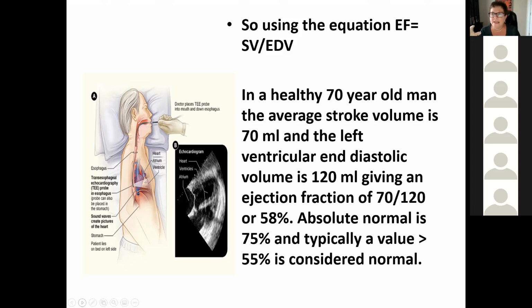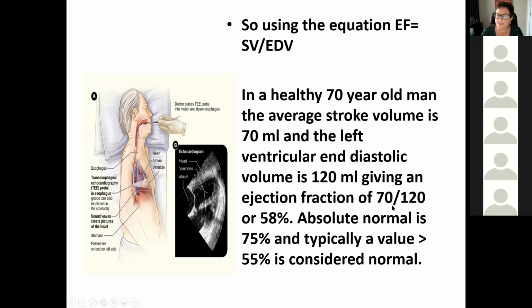So that is our wedge. And we divide the 120 into 70, and we get 0.58, which is 58% as his ejection fraction. I want you to do the math and type it in the text box.